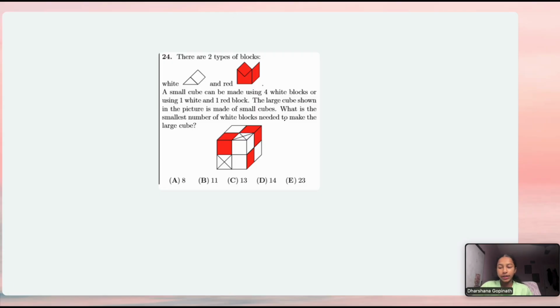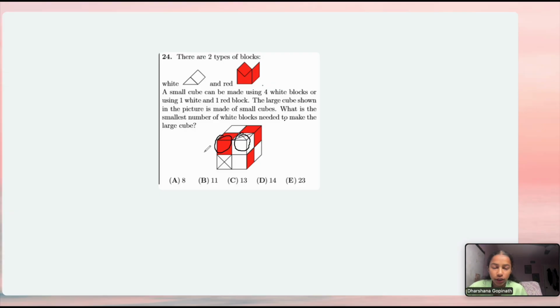The cube in the picture is made up of 8 small cubes, and each cube contains at least 1 white block. We can see that 2 of the small cubes have 4 blocks, like this one, and some of them have only 1 white block, like this one.